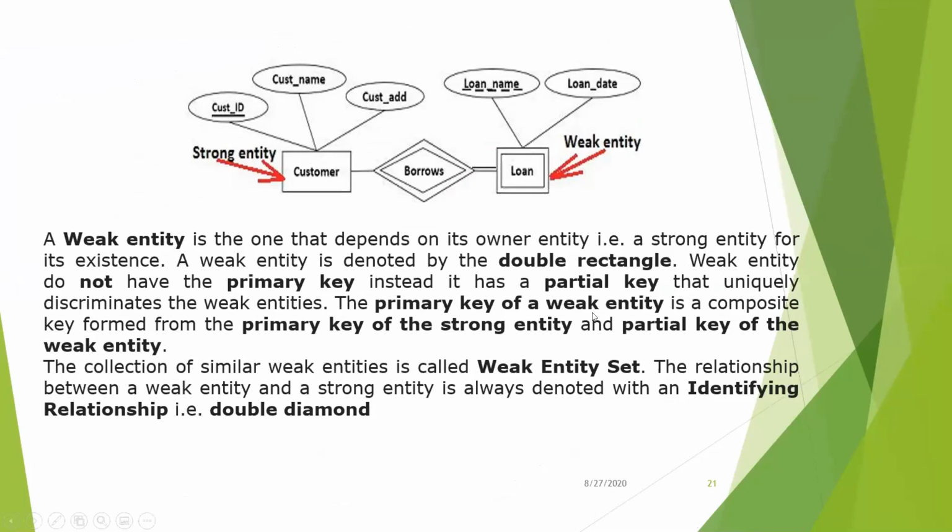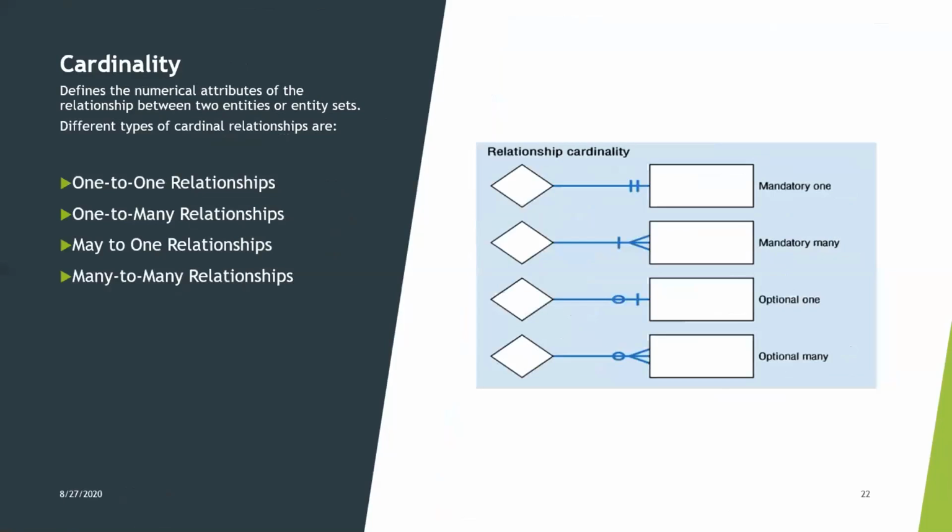The primary key of a weak entity is a composite key formed from the primary key of the strong entity. So here the customer is choosing a loan. That loan is of what type, whether it is a home loan or car loan or some other loan. That's why we can call it a partial key. It depends completely on the customer. So from this picture you try to understand. Even if you cannot understand the concept, I will explain.